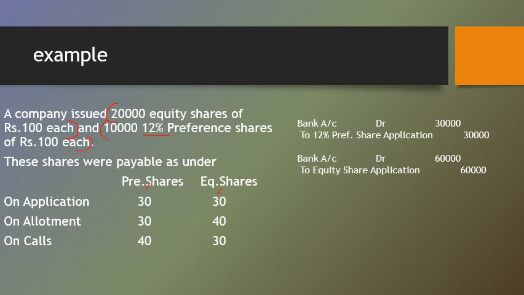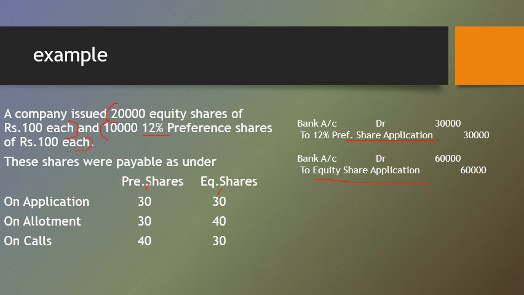So whenever companies issue two classes of shares, the journal entries should be passed separately.